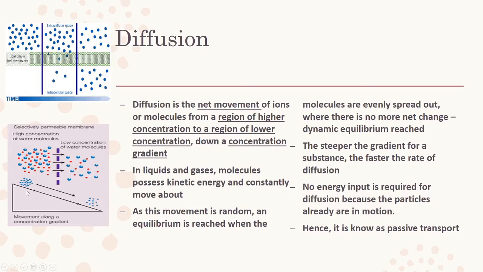And you can see that there was first a high concentration of water molecules and then it spread into a low concentration of water molecules. No energy input is required for diffusion because the particles are already in motion. Hence it is known as passive transport. It is passive because it does not need any sort of energy.